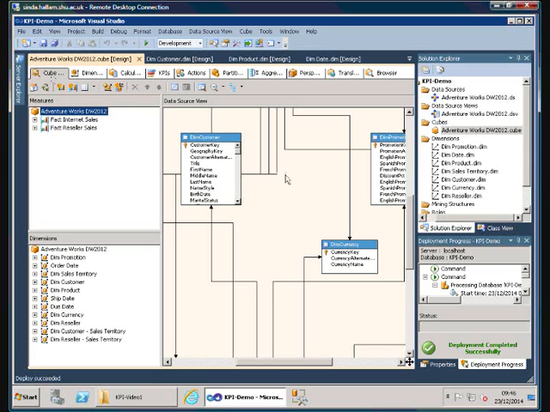And you can see here we have the list of dimensions in our cube and the list of measures. And the measures include the things that we selected earlier, the orders, the quantity, the total cost, the total sales amount, and the count. And likewise, the same four things for the resellers.